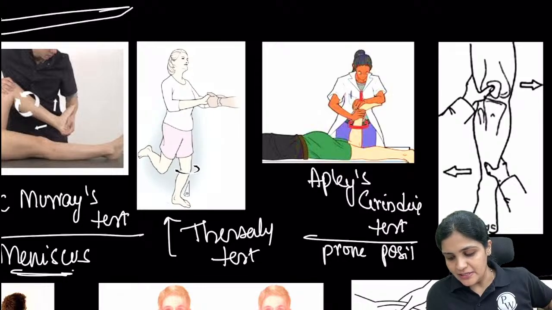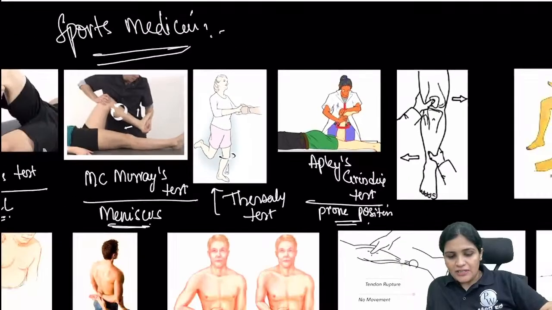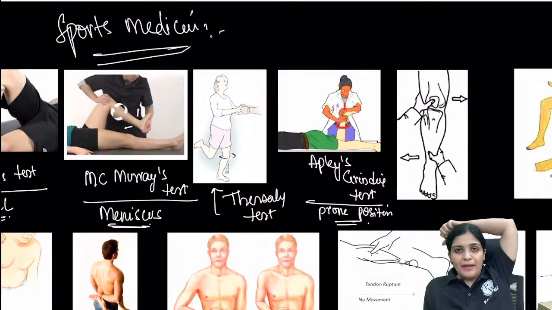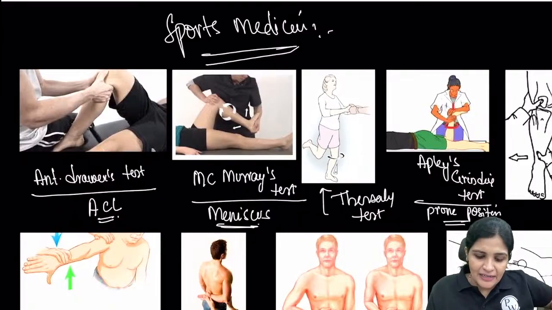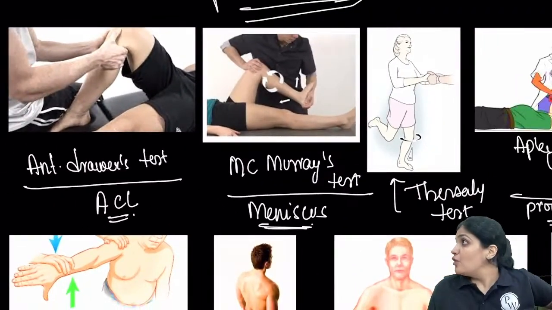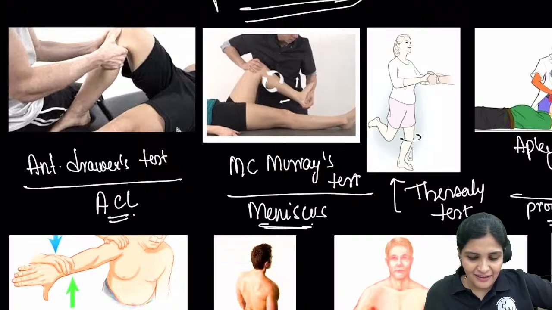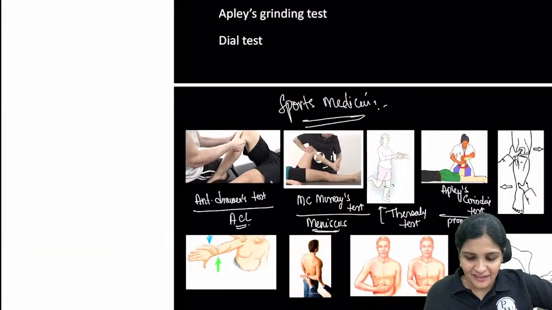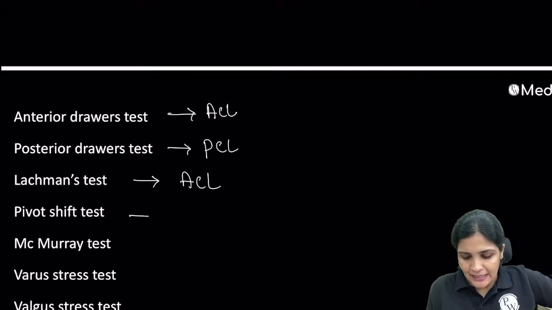So there are 3 tests for meniscus: McMurray's test, Thessaly test, Apley's grinding test. Anterior drawer test is for ACL. Posterior drawer test is for PCL. Okay. Anterior drawer, ACL. Posterior drawer, PCL.